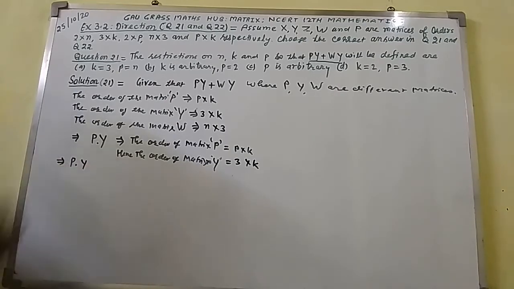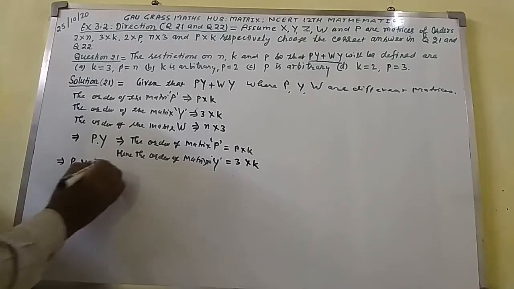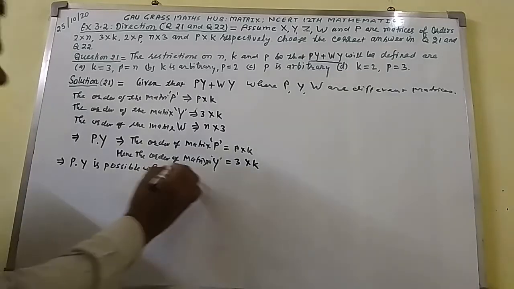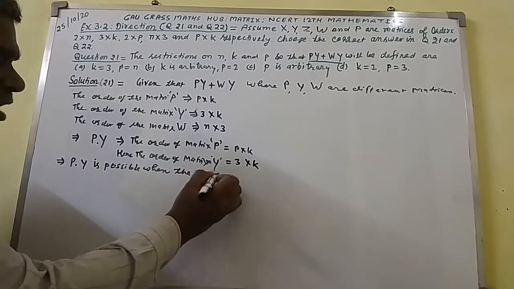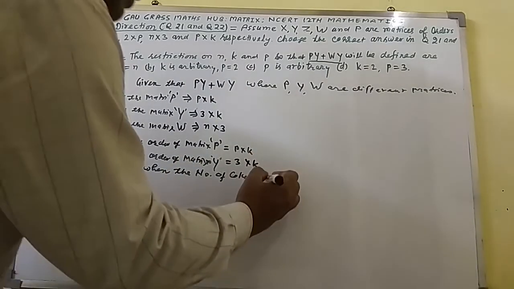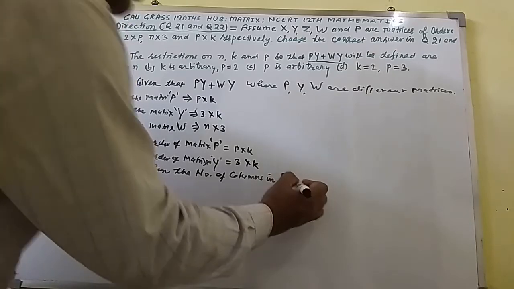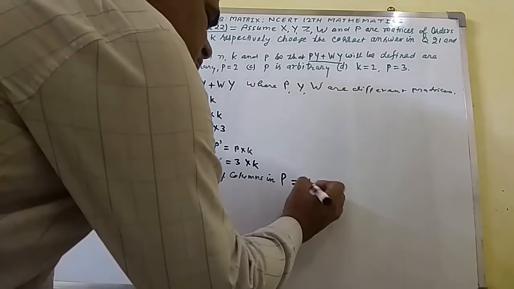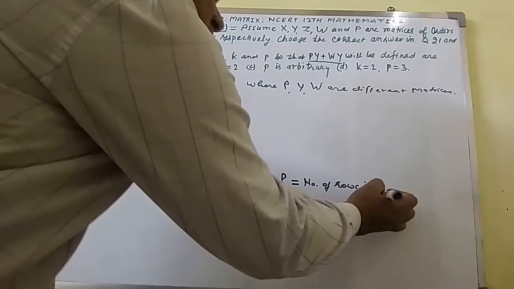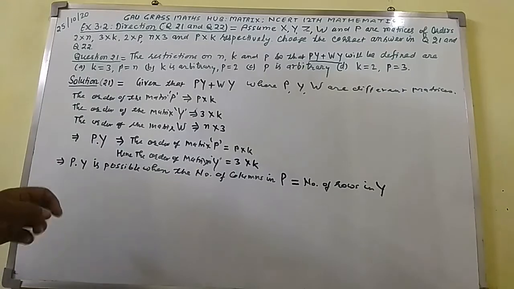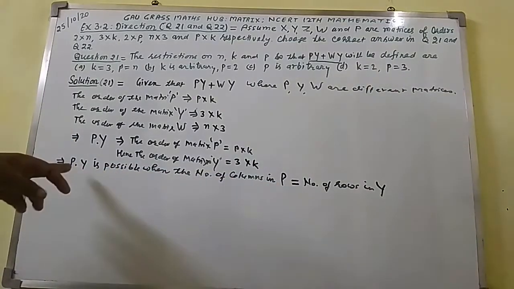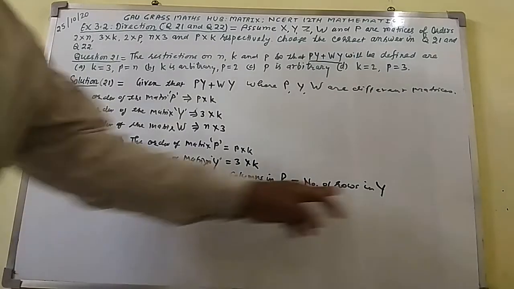P dot Y is possible when the number of columns in matrix P equals number of rows in matrix Y. The multiplication of two matrices P and Y will be possible when the number of columns in the matrix P is equal to number of rows in matrix Y.